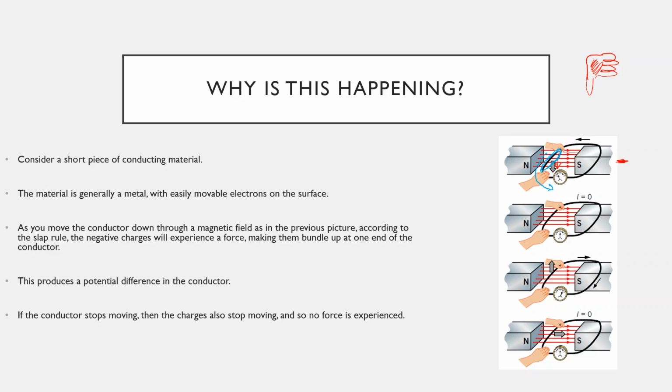Okay, but it's all to do with the slap rule. Charges are moving down through the field, the field lines point to the right, and if you want to talk about conventional current, just use your right hand and stick it out in front of you. Your right hand would look something like this. So thumb is going to point down, field is going to point to the right, so your fingers point to the right like that.